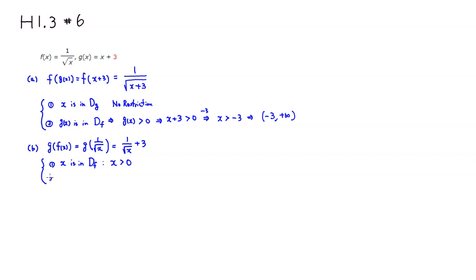Then we have to make sure that the inside function, f of x, is inside the domain of g, the outside function. This one gives no restriction, because the domain of g is all real numbers.